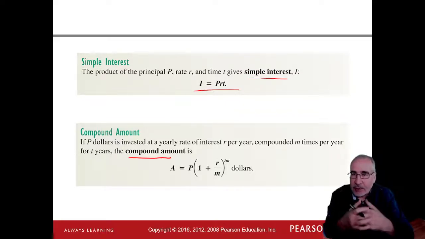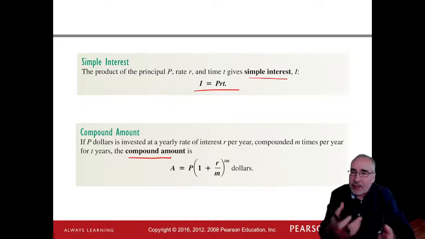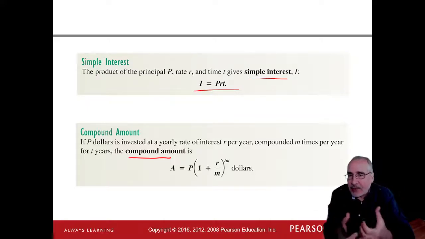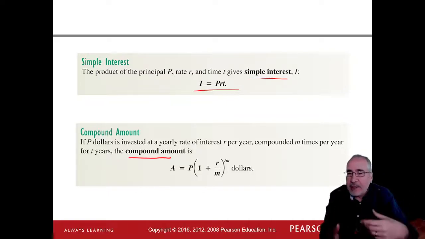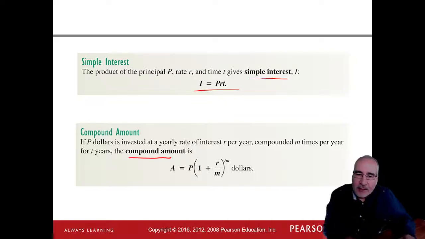Retirees will do this. They'll invest it and then live off the interest. That's what simple interest is: when you earn it, you take it and spend it. You don't leave it invested. If you leave it invested, you get this compounding effect where you start getting interest on your interest. So this is reinvesting interest here. If you're going to take your interest, that's simple interest.